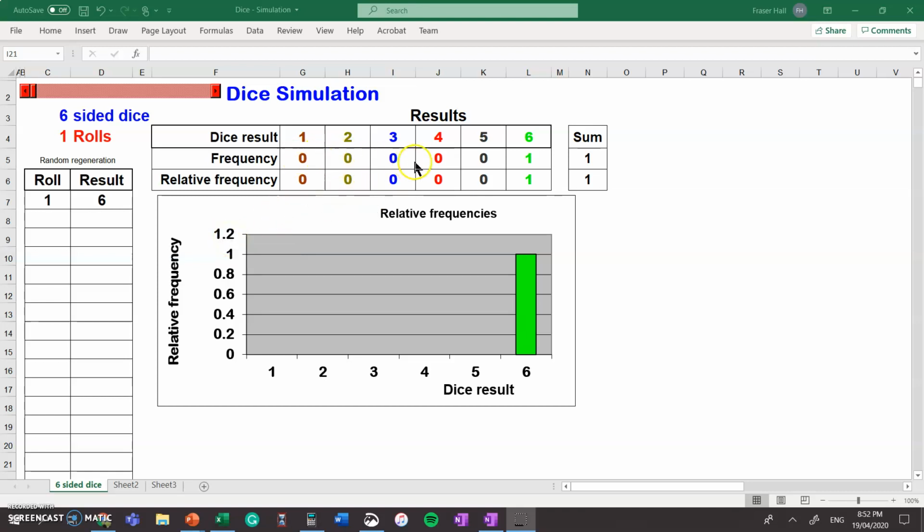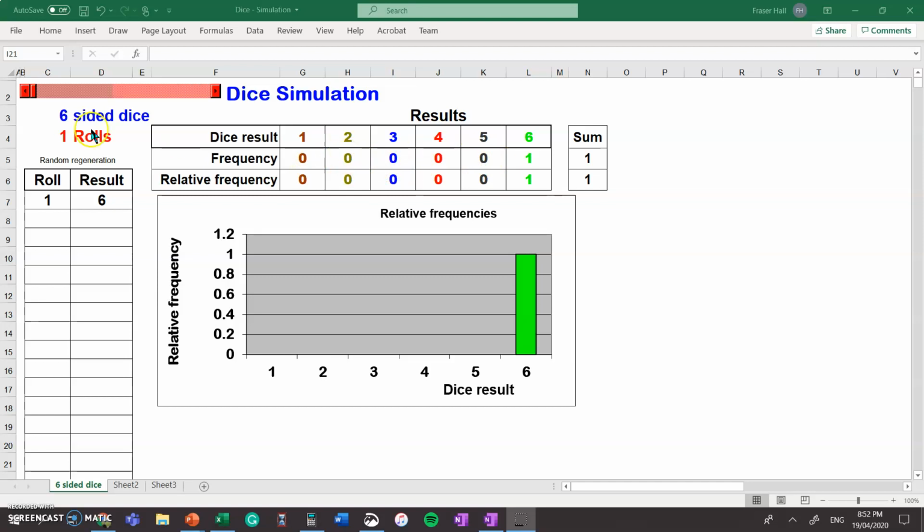The simulation will record the number of 1s, 2s, 3s, 4s and 5s. But what we would expect, say if we did 60 rolls, is that we would expect the frequency of these to be 10.